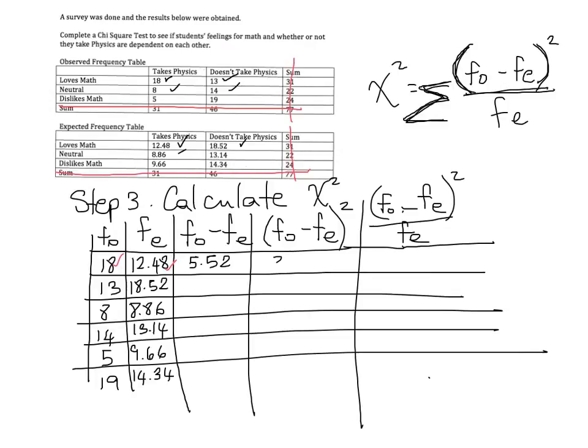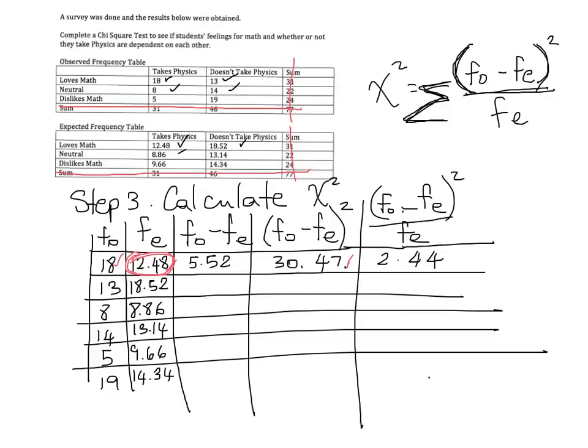And when we square it, we get 30.47. And again, since that number is already in our calculator, we can now take that number and divide by our FE value. So 30.47 divided by 12.48 should give us 2.44.